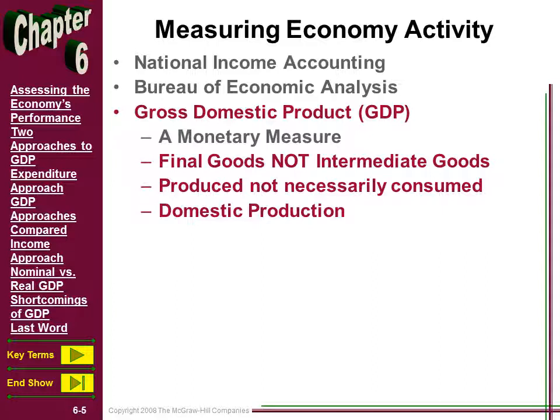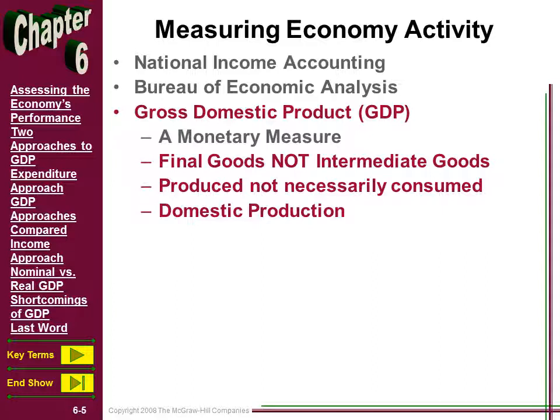So let's revisit the idea of the automobile. Let's say that Ford Motor Company produces one of their famous F-150s, the best-selling truck in the United States for a long time now. This is not an ad for Ford. I'm just making an observation. So let's say that the Ford Motor Company produces that F-150, and the final market value of that truck when it's sold is $28,500. So we want to add $28,500 towards gross domestic product during the time period it is produced. Now, we don't want to also add in what we call intermediate goods.